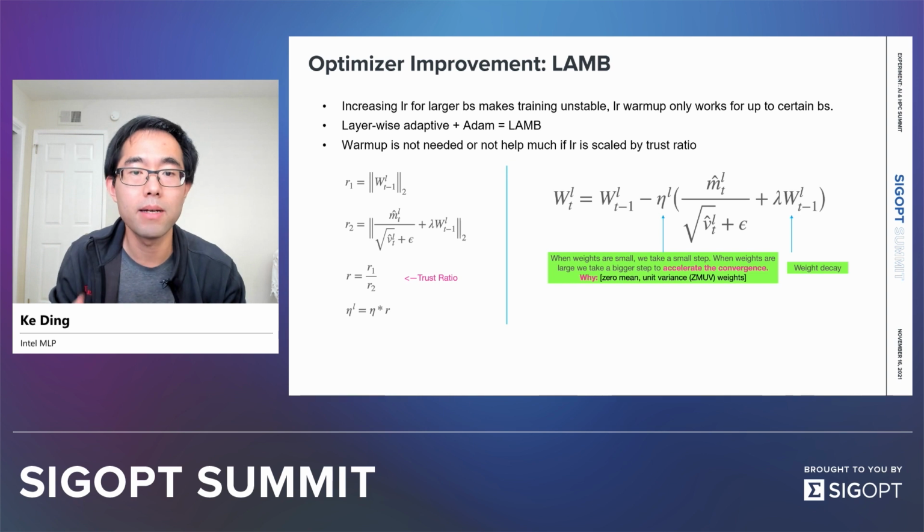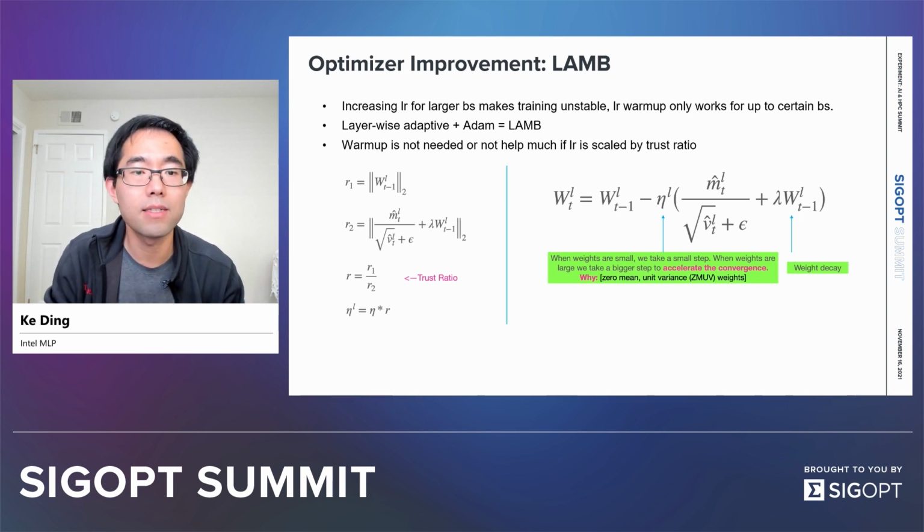So why this? It is because we want the gradient and the weight to be in a similar dynamic range. Because the batch size is so large, oftentimes the accumulated gradient from this mini batch is much larger or sometimes much smaller than the weight itself.